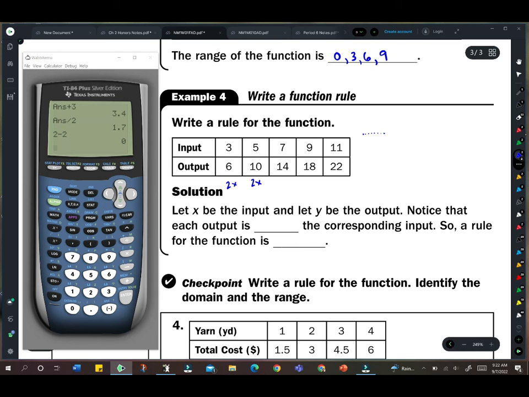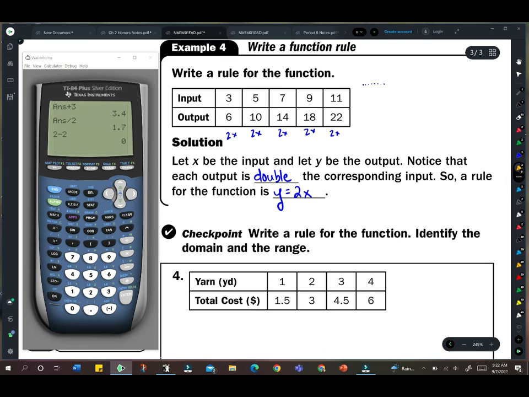So this is 2 times. 5 to 10, we know that 5 times 2 is 10. So each time we're multiplying the x value by 2 to get the y value. So notice that each output is double the corresponding input. So a rule for this could simply be y is equal to 2x.